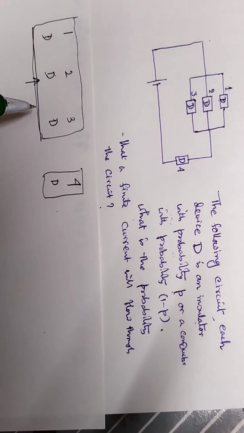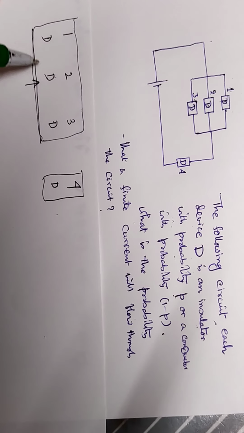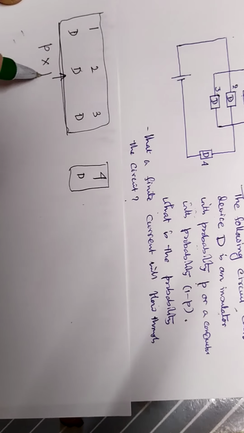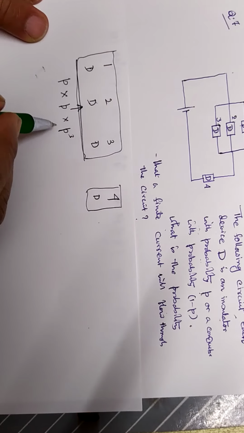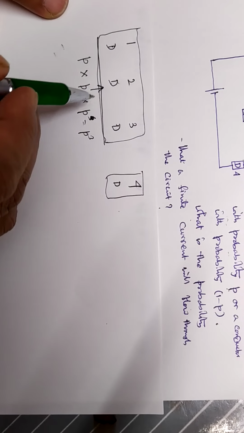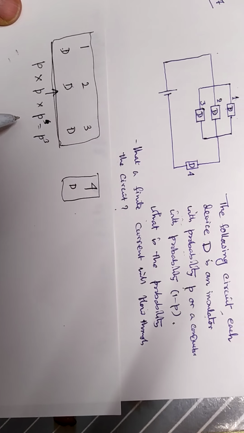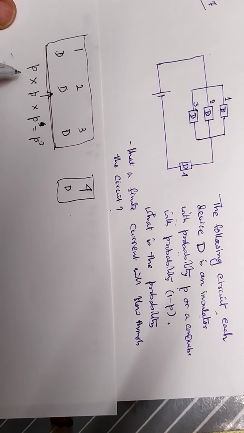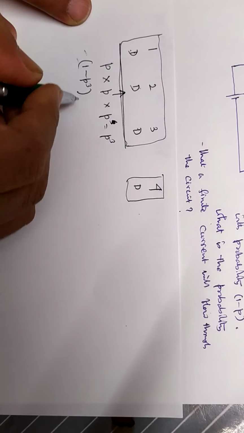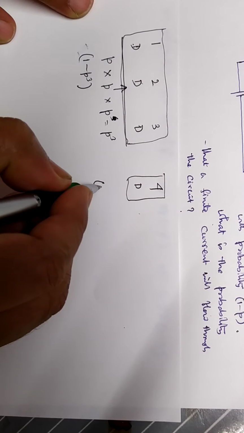If all three have to behave simultaneously as insulators, the probability is P into P into P, which equals P cubed. So P cubed is the probability that these three devices all behave as insulators. Then the probability that they will not behave as insulators is 1 minus P cubed. And the probability that this one will not behave as an insulator is 1 minus P.